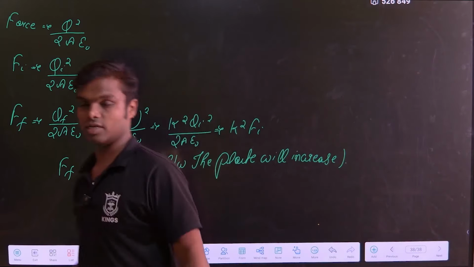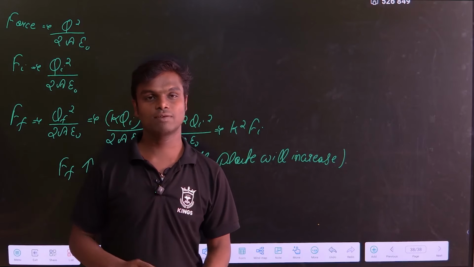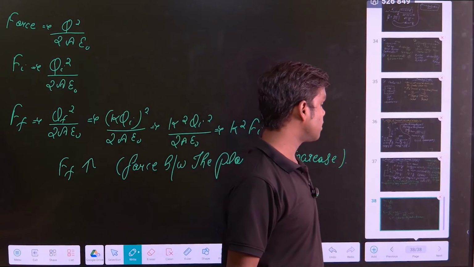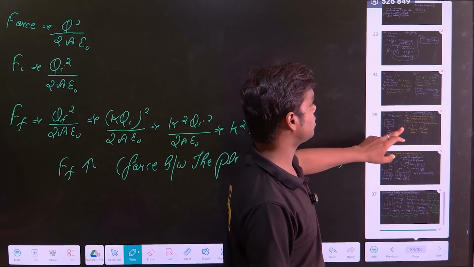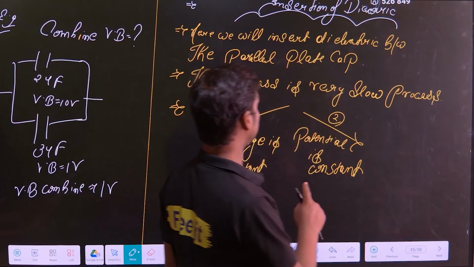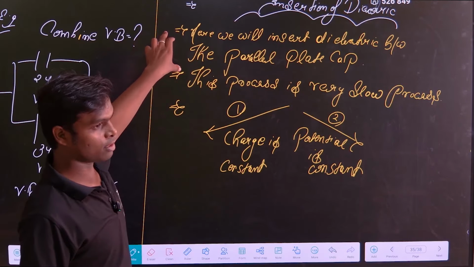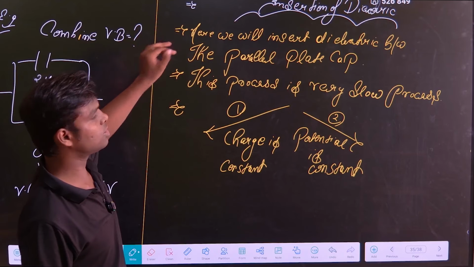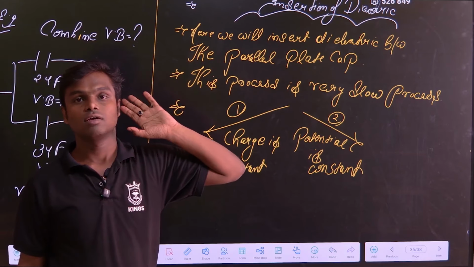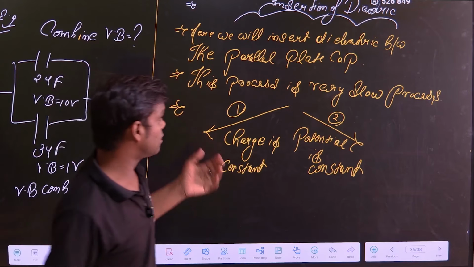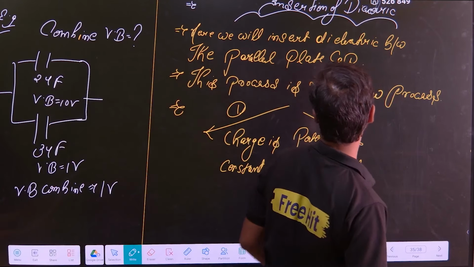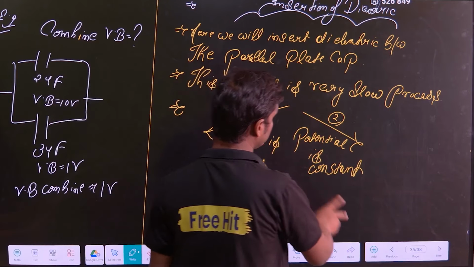Completed? Okay. So in this session, we have seen the dielectric strength, and we have talked about a very important concept, that is the insertion of the dielectric. Remember that this whole process takes place as a quasi-static process, a very slow process, and there are two cases we have.